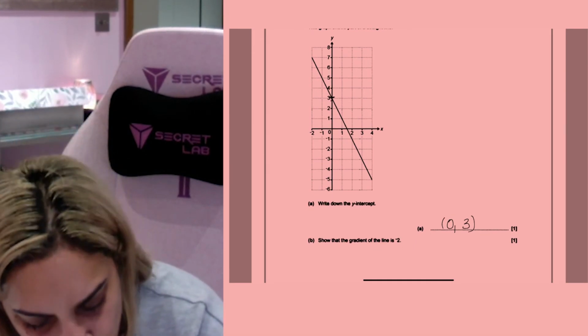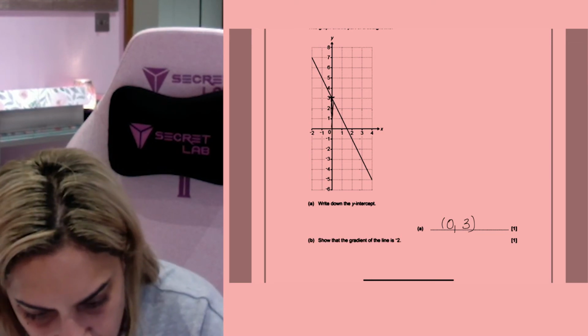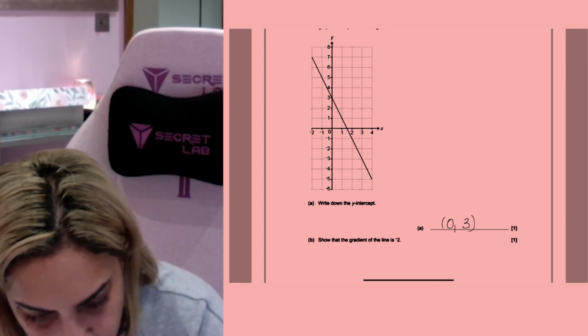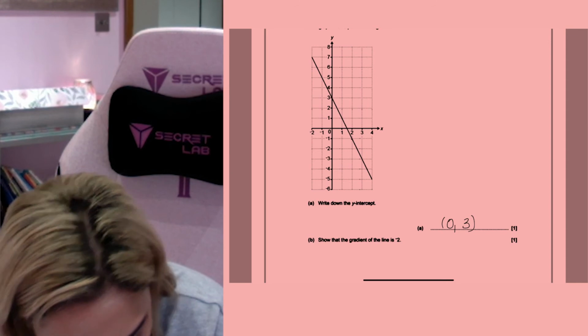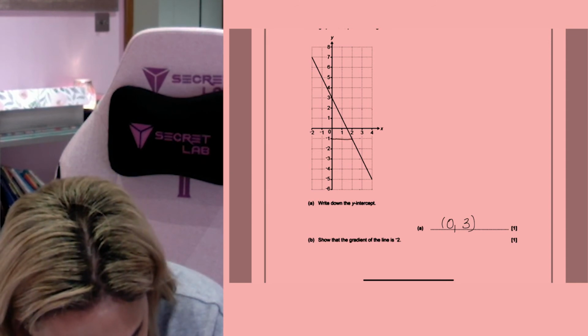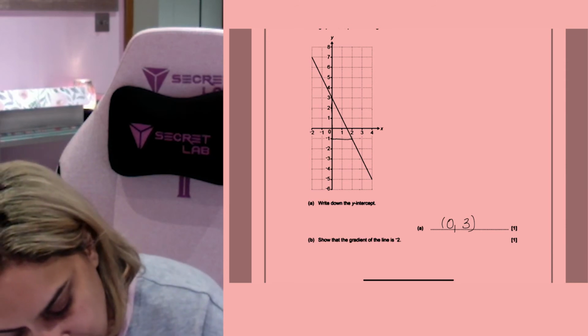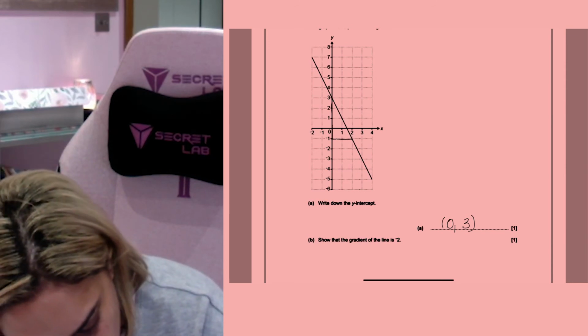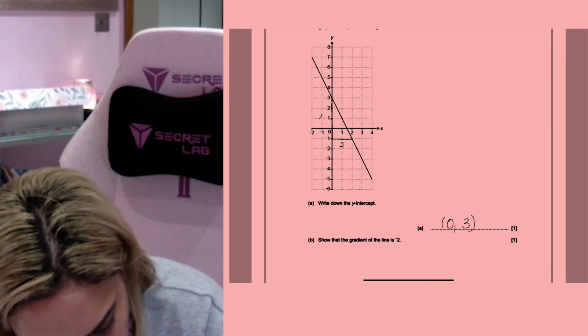So again, you just draw yourself a triangle. Let me erase that. Let's draw a nicer triangle. So we're going to start somewhere. Let's start there, for example. Go along and then go up. And we can say how many along have we gone. So we've got 2 here. We've got 1, 2, 3, 4 here.